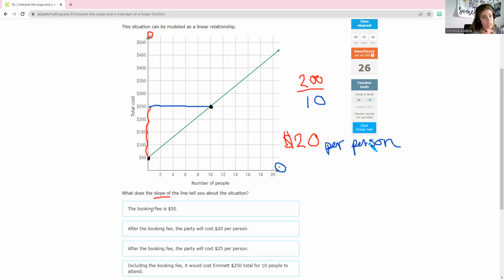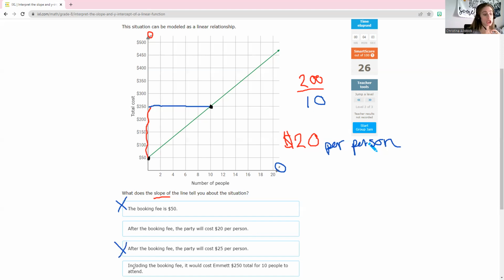Could be true, but that doesn't tell me what the slope is, so it doesn't matter. After the booking fee, the party will cost $20 per person. Yeah, that's what we have, $20 per person, so that's probably our answer. Well, let's keep reading. After the booking fee, the party will be 25 per person. Nope, we figured it would be 20.